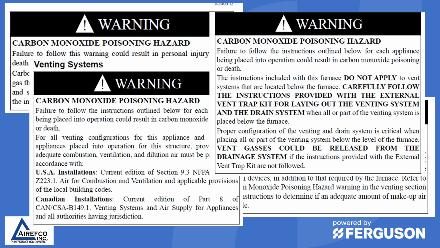Carbon monoxide poisoning is a very real hazard, and you need to take it very seriously when you're installing a 90% furnace, and make sure that the venting system is installed according to manufacturer specifications, so there is no liability on your part or your company's part. So the major word for today in this video is going to be liability.